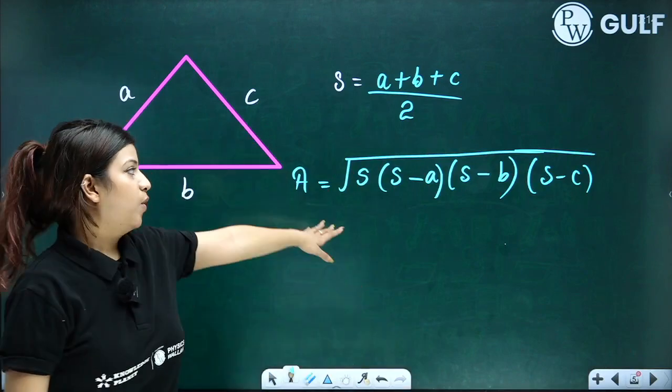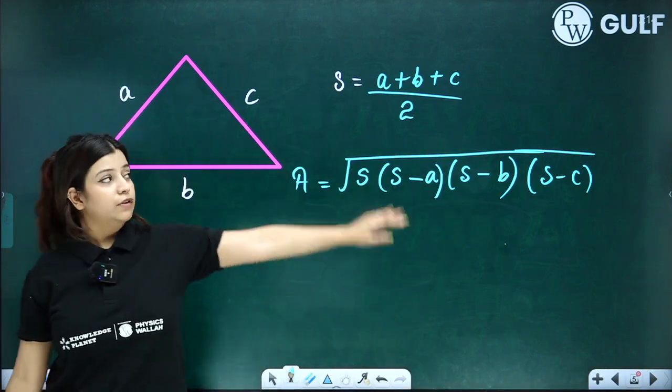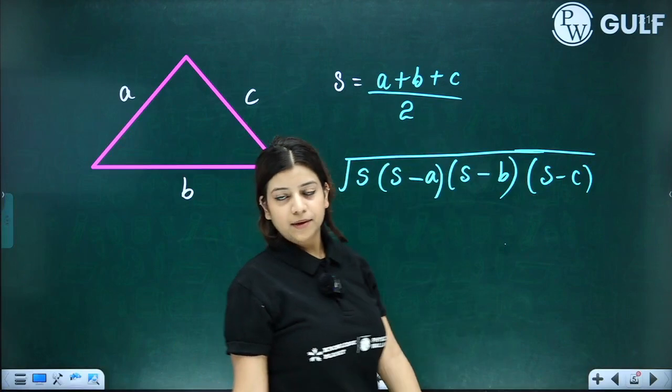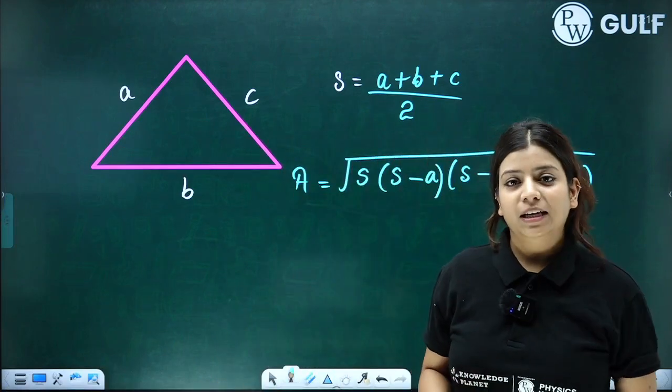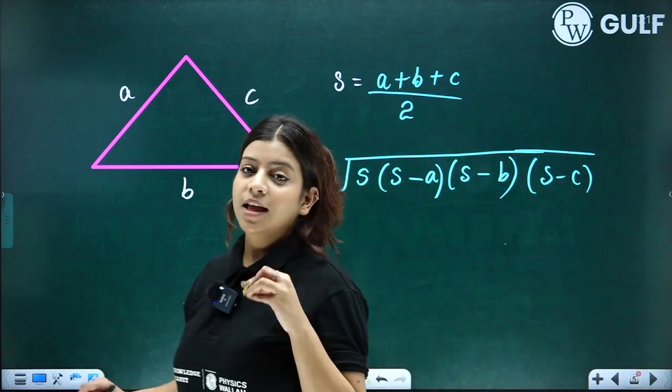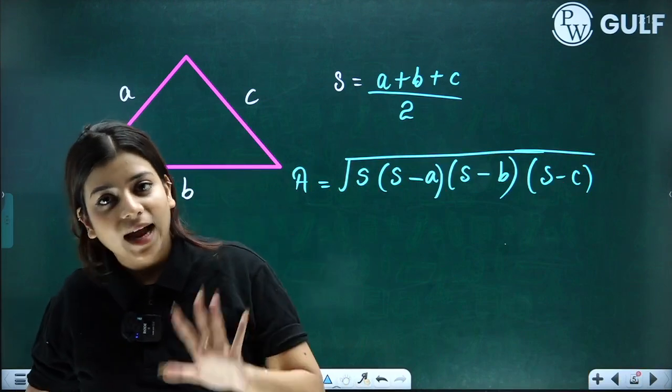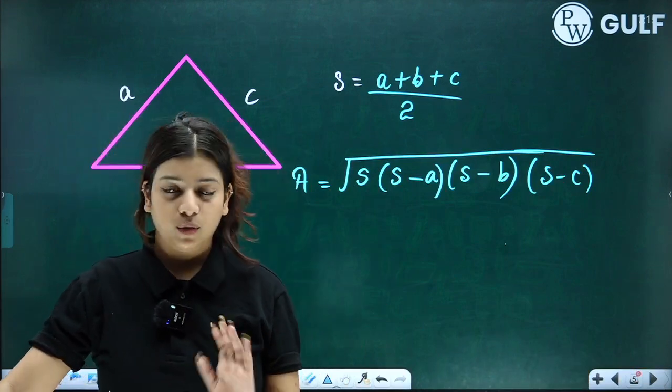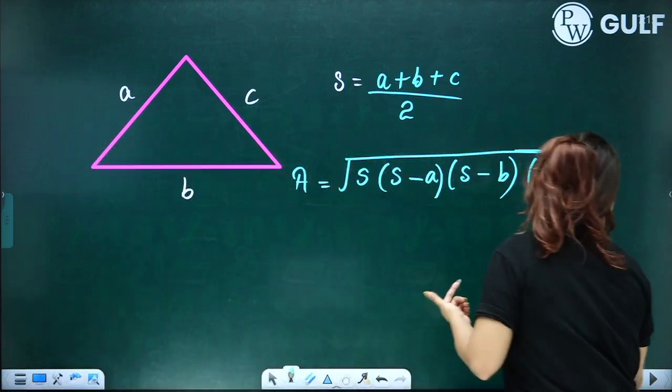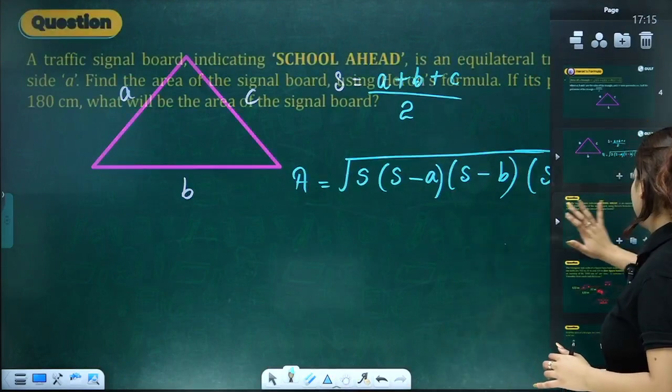So this is what the formula looks like after we have calculated the semi-perimeter. a, b and c are respectively the given sides of the triangle, and they are all multiplied and placed under a root. Now let us try to apply this formula to a question.